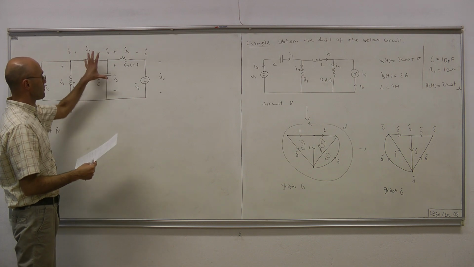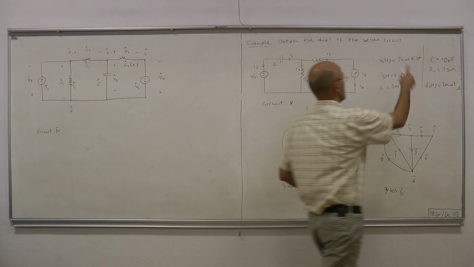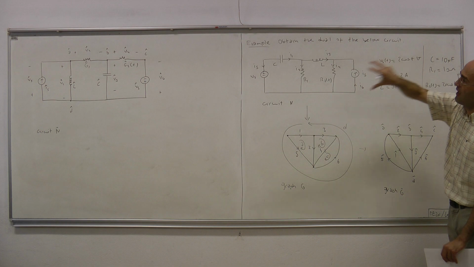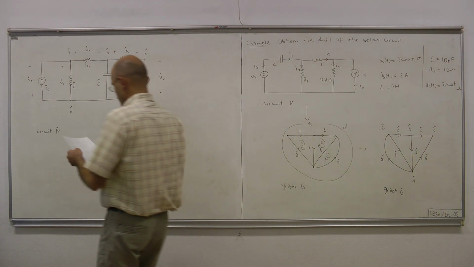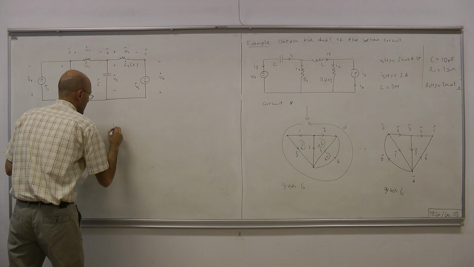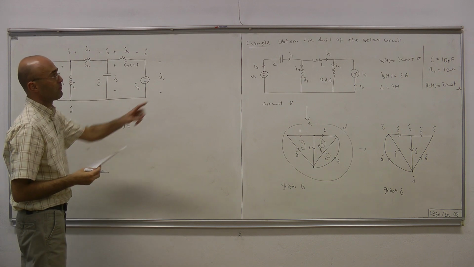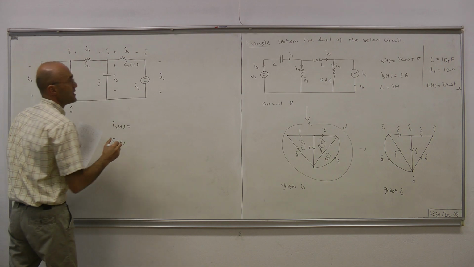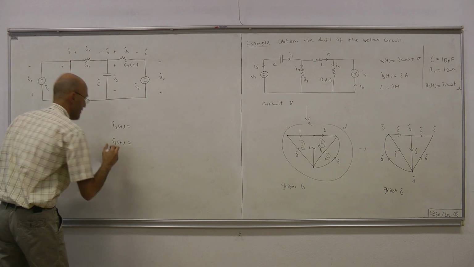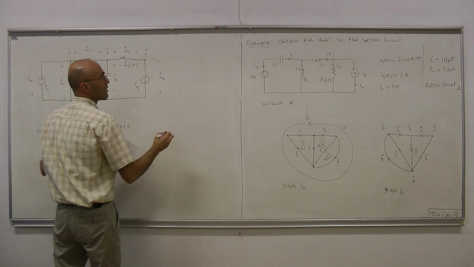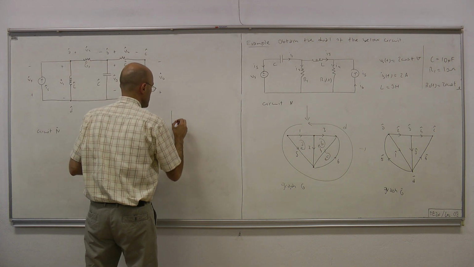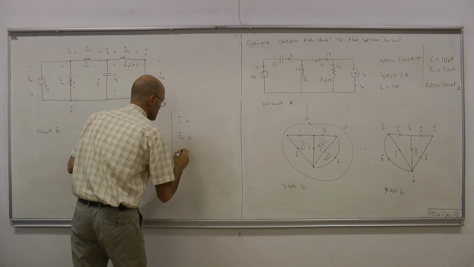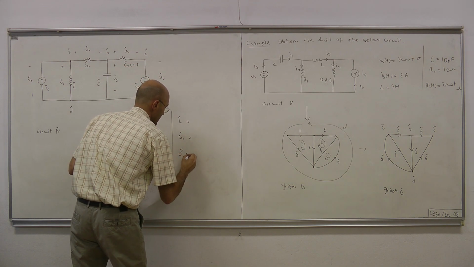And let's also be precise about terminal relations. What we do is we just take this list and dualize it, so to speak. That is, we have Is hat of T, then Vs hat of T equals something, and then L becomes C hat, then C becomes L hat, R1 becomes G1 hat, and R2(T) becomes G2(T) hat.